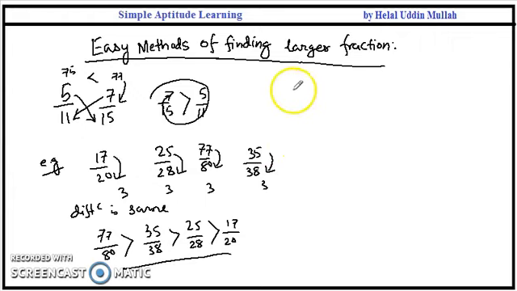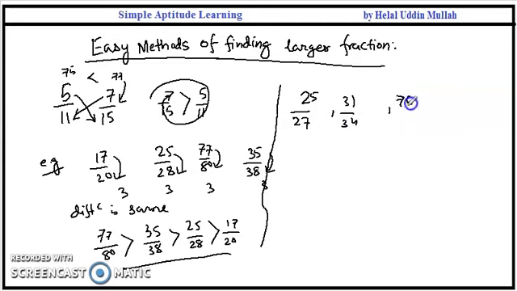Again, in such scenarios, we can have examples where this common difference will not be equal. Like if we consider an example, say we have values like 25 by 27, 31 by 34, 76 by 81, 21 by 25.